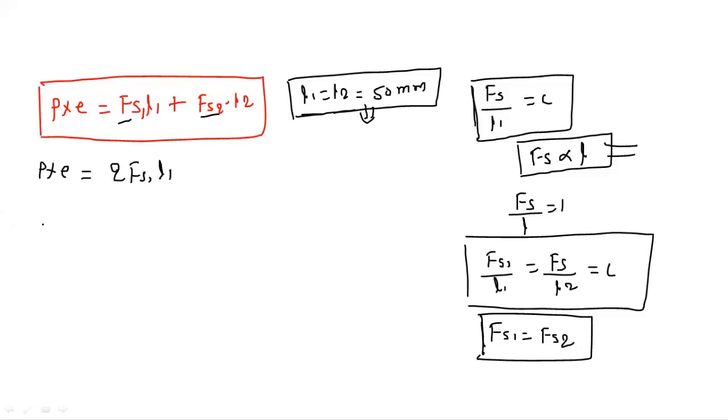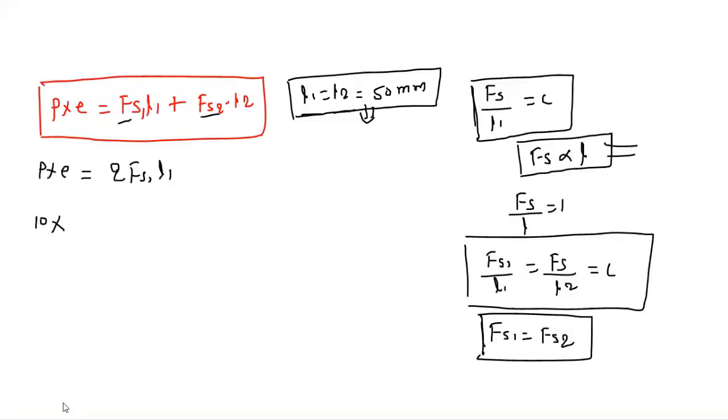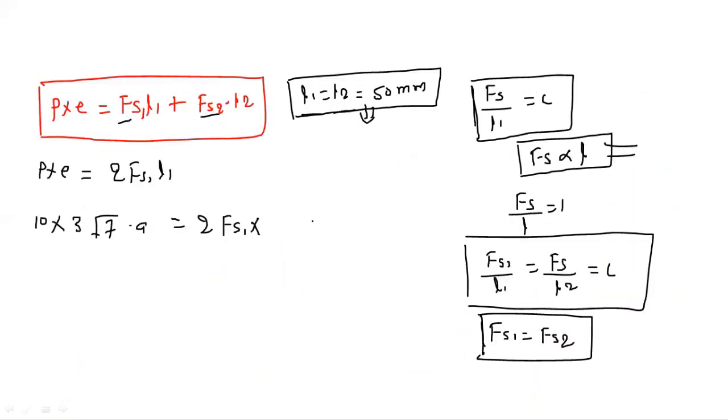So what is P, my dear friends? P is 10 kilonewton. What is E? E is 3 root 7 into a. And what is 2 Fs1 into L? What is L? Directly you can say it is a, because the total is 2a, so half of it is a.